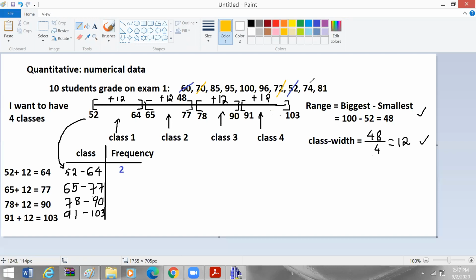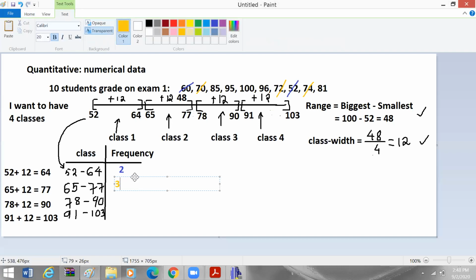We got 74. Do we have anything else? So how many are captured for the second class? We have 1, 2, 3. So we're going to have 3 frequencies for the second class.